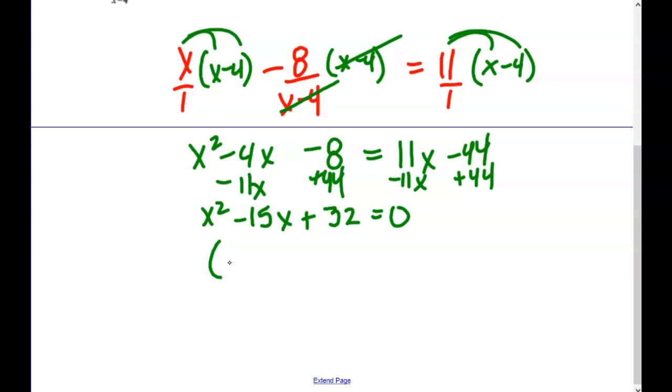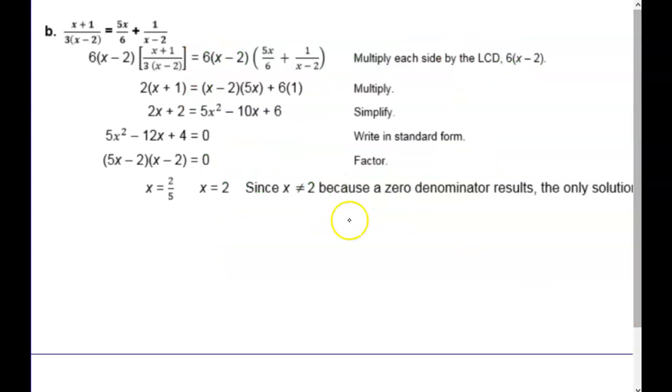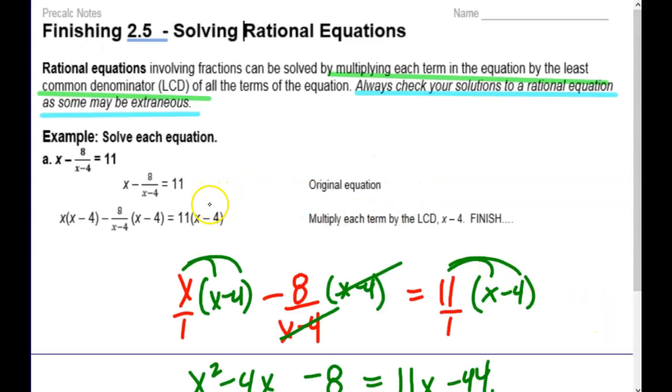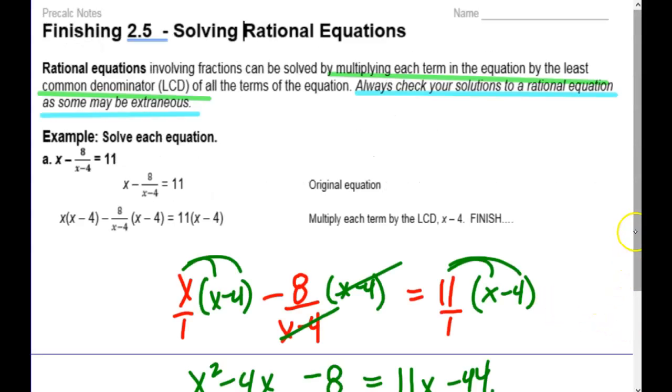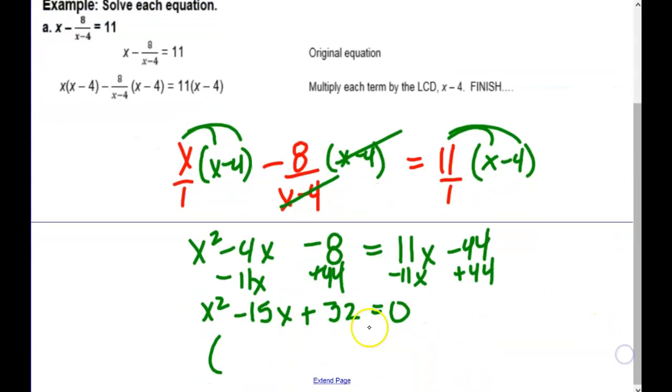Did I do something wrong, guys? What does their work say? Oh, did I lose the problem? Oh, that's another example. They didn't finish this one. Okay. Did someone say they had factors that were going to help me here? Oh, this is 36. Okay, thank you.